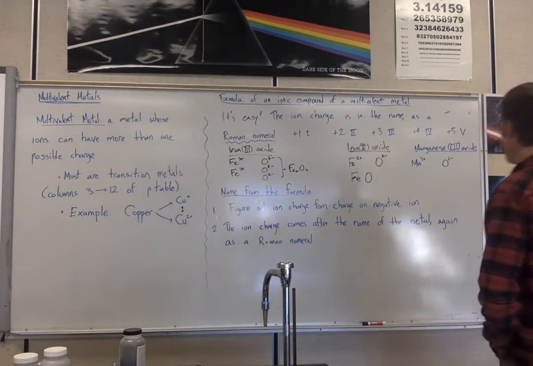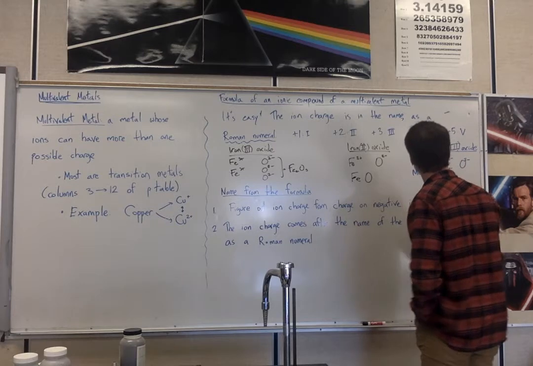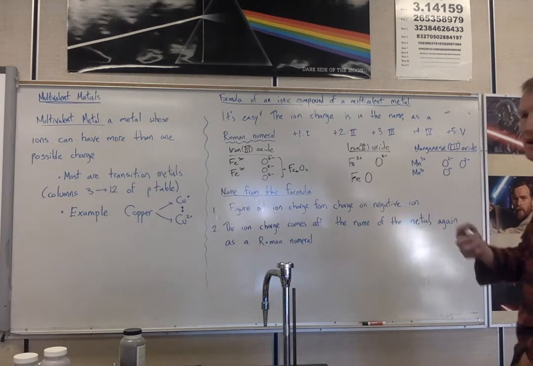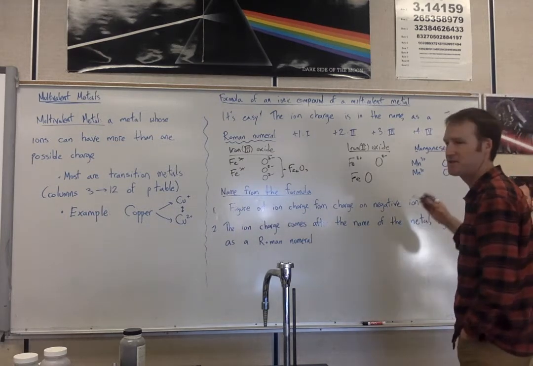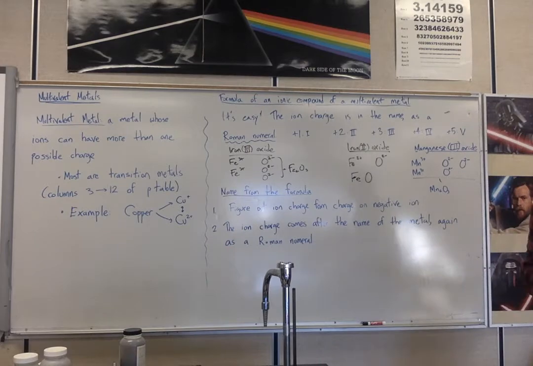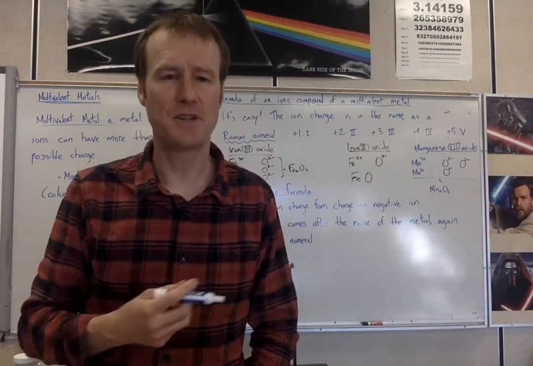We need the same subscripts. If we have 2 of the manganese 3 plus and 3 of the oxides, that's going to balance. We're getting +6 from our manganese ions and -6 from our oxide ions. In an ionic compound, the formula, the charge is always balanced. Plus is always balanced with the minuses. I know I've said that a lot of times because I want you to know it. Mn2O3 is the formula for that.